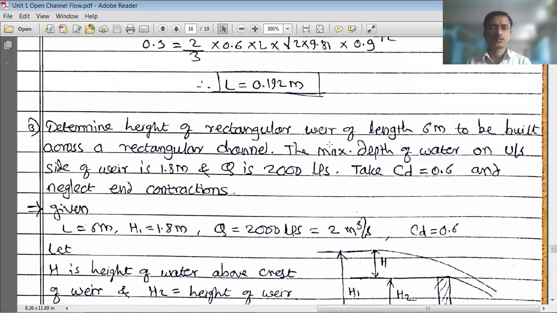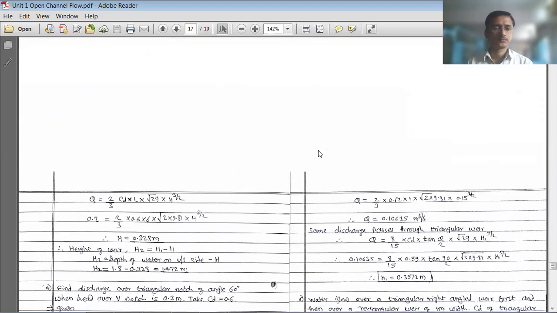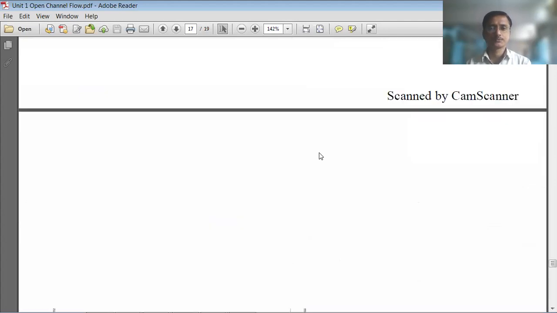Determine the head of water. H2 इज इक्वल टू, हा तुम्ही H काढले आताशी, बरोबर आहे, ठीक आहे. H2 काढायचं, H2 काढा तुम्ही. तुम्ही कॅपिटल H काढलेलं बरोबर आहे ते.